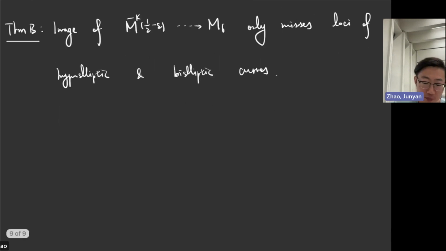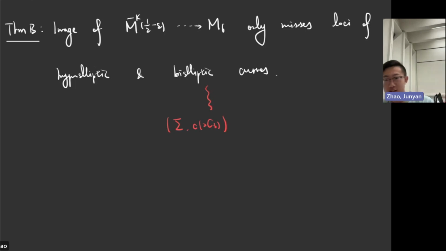For the bielliptic cases, remember we have the pair (P2, c times 2C3), where C3 is a cubic curve, let's say a smooth plane cubic curve, which is an elliptic curve. And twice it is a plane sextic curve, right? If you compute the log canonical threshold of this pair, it is equal to 1/2.